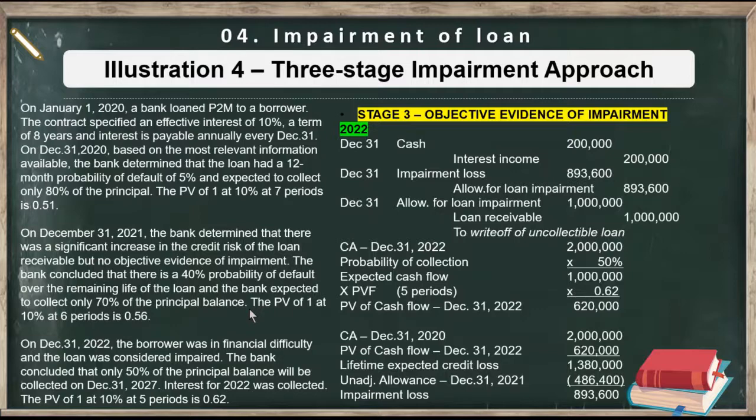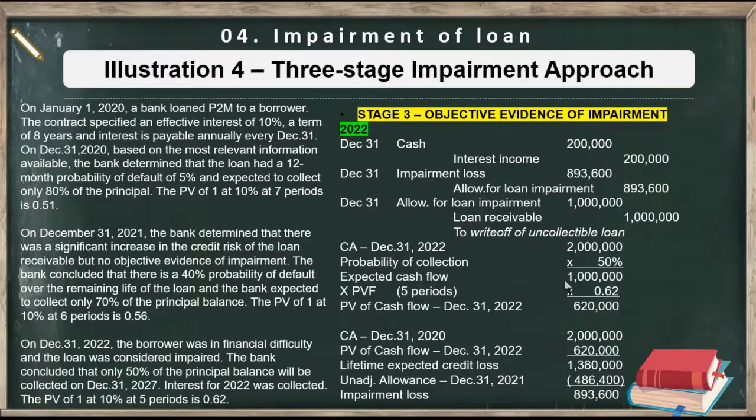So only 50% will be collected. Since our total principal is 2 million, only 50% will be collected in 2027. So therefore, what will remain is 1 million, half of 2 million. So you write off the other 1 million, or the other half of 2 million. That's why there is a write off here.